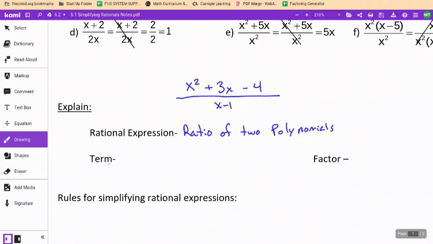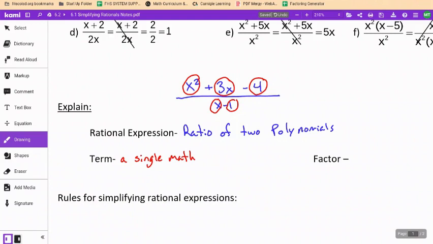Okay, and we need to figure out what constitutes a term versus a factor. So if I look at this example, I'm going to circle each term. So there are 1, 2, 3, 4, 5 total terms in this example. And a term is a single mathematical expression.